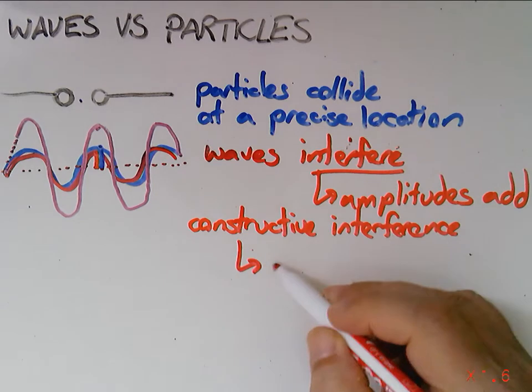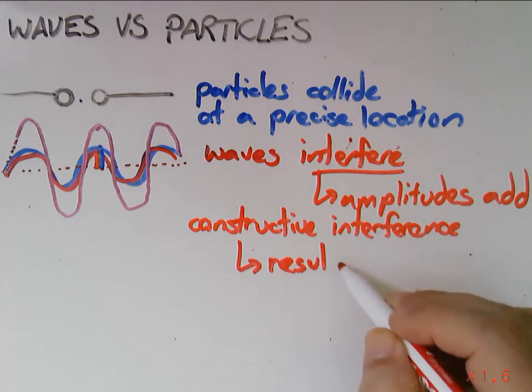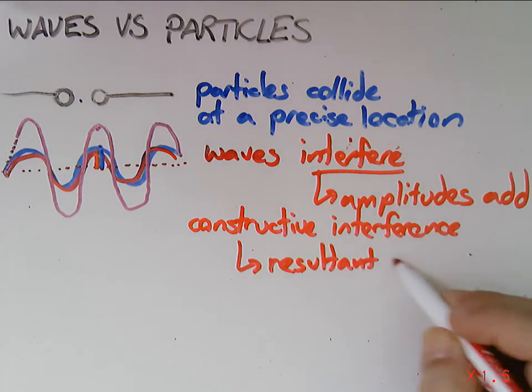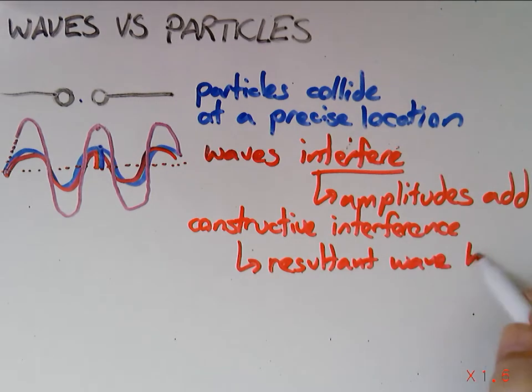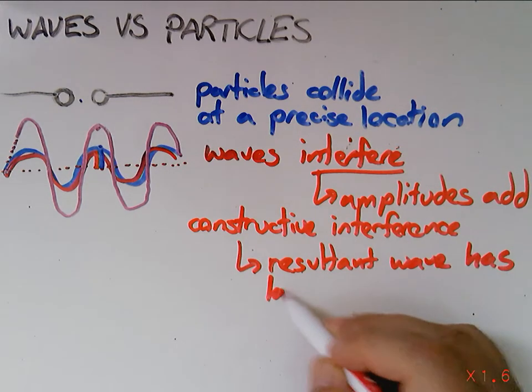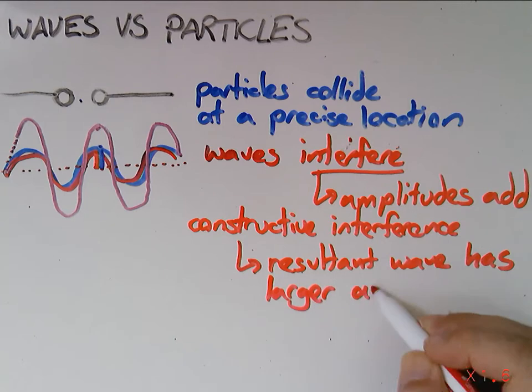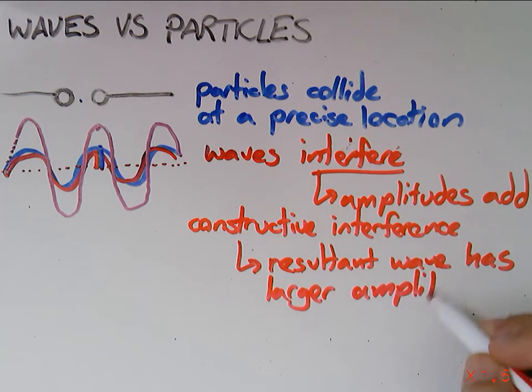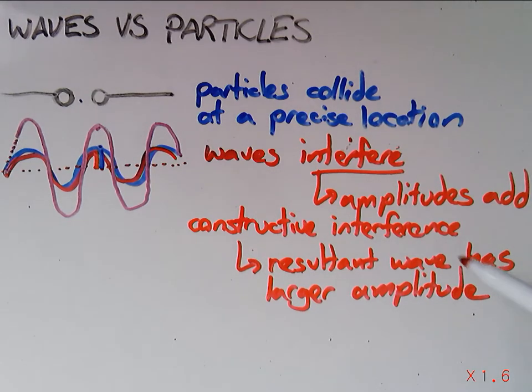The resultant wave has got a bigger peak height than the two waves that went in. So this is a pretty important difference between particles and waves. Waves interfere, but particles collide.